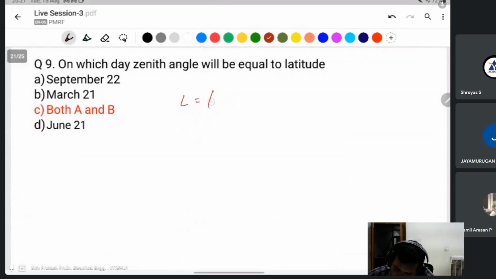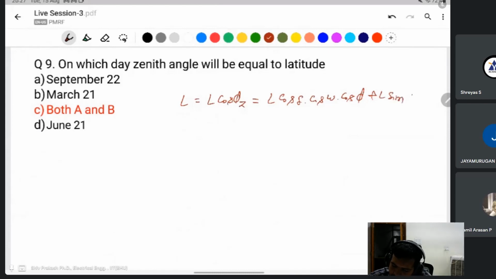L cos phi z is equal to L of cos del into cos omega into cos phi plus L of sin del into sin phi.